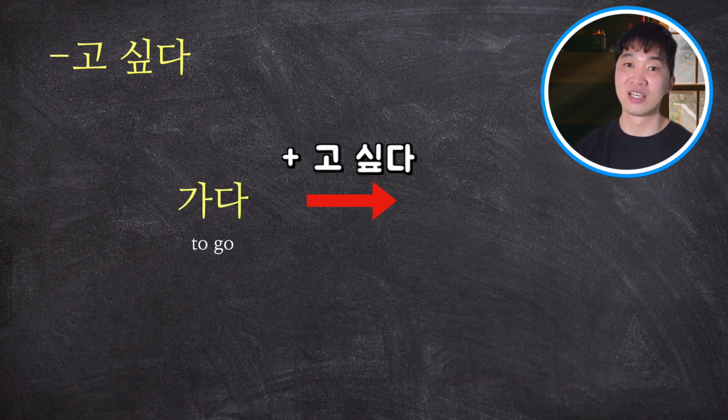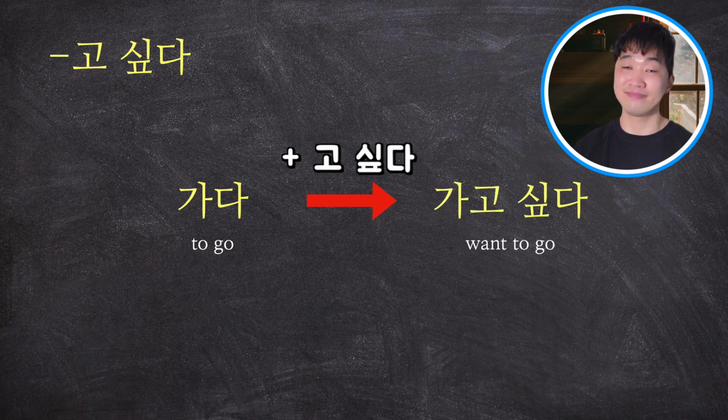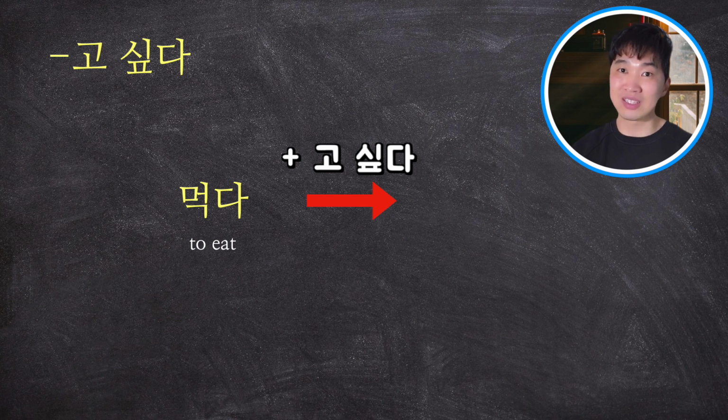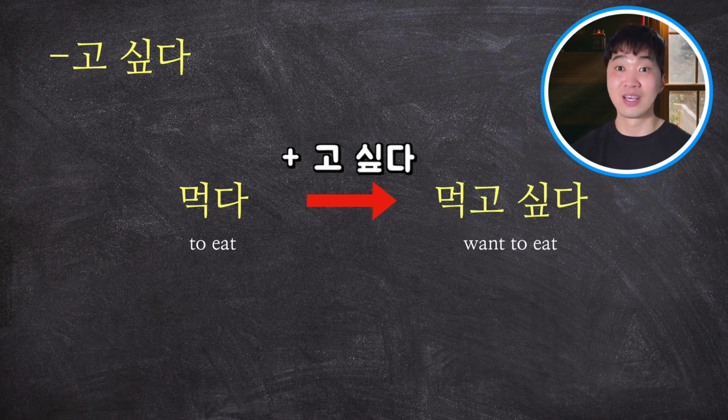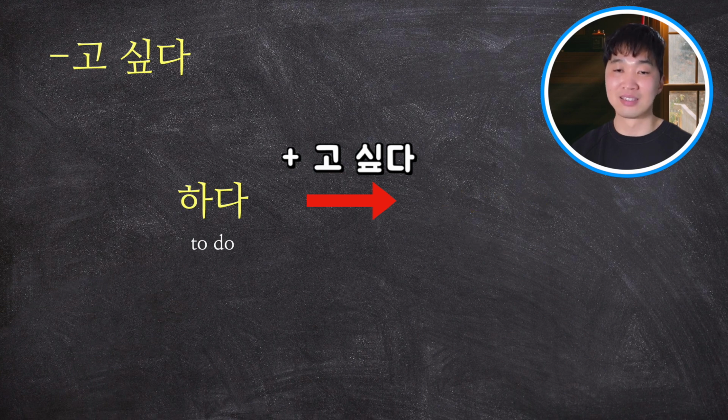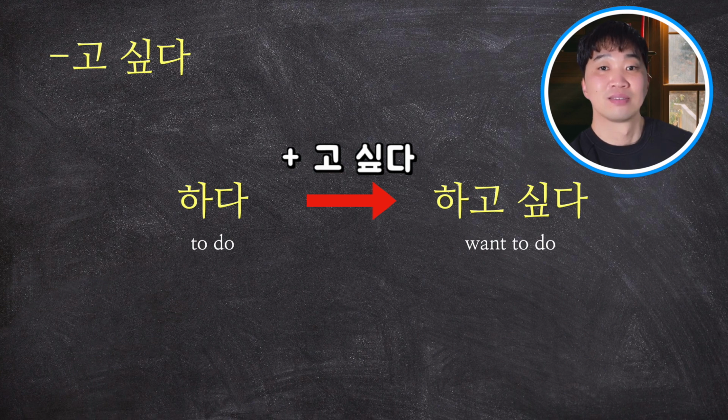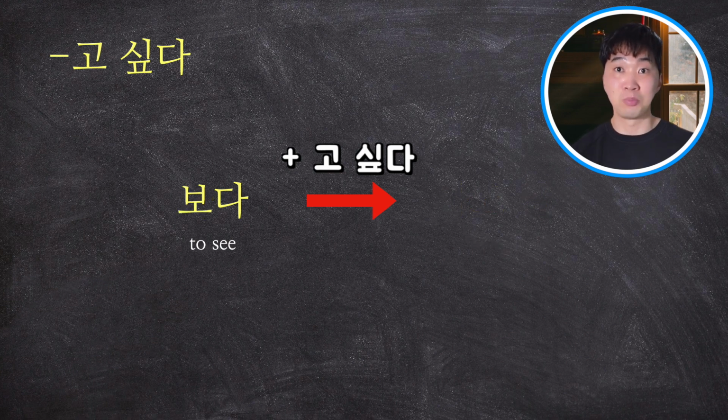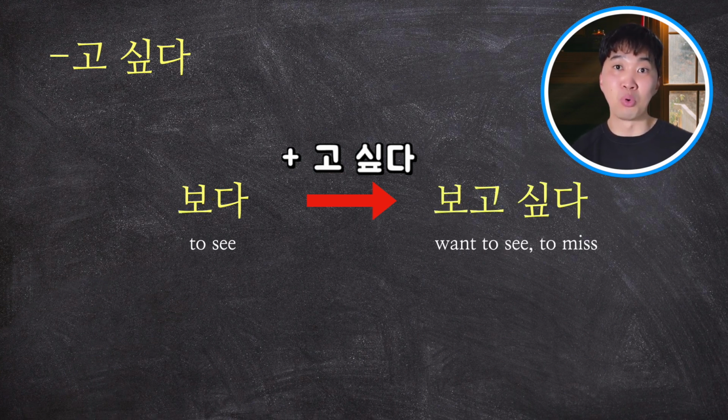Okay, first 가다, 가고 싶다, right? 먹다, 먹고 싶다. 하다, 하고 싶다. 보다, 보고 싶다.